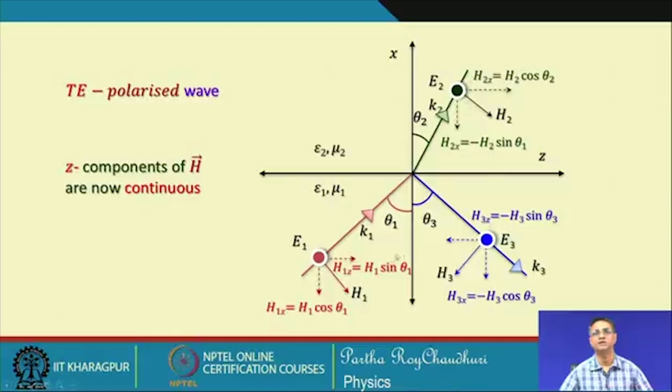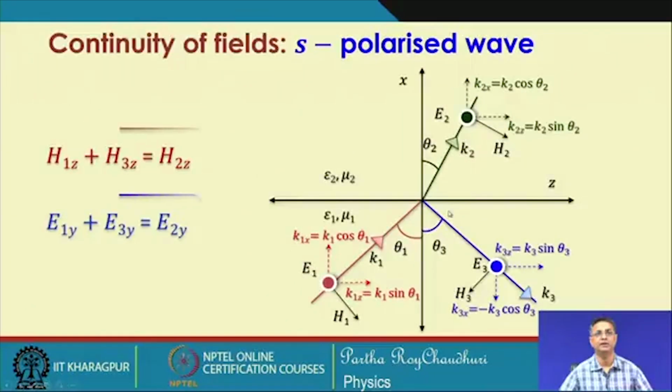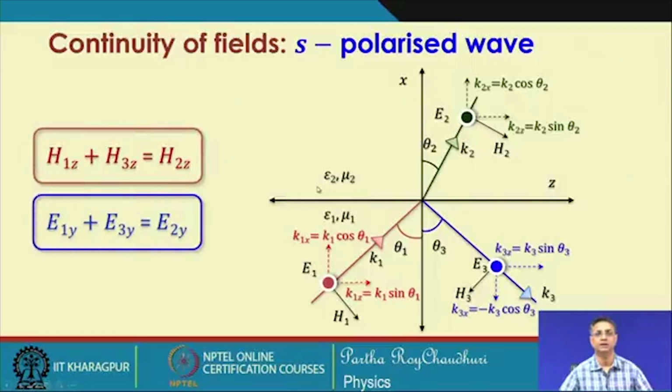So, these two put together must be equal to this. So, that is the continuity condition for the magnetic field. So, if I use both the continuity conditions, the y component is already continuous because they are along the y direction, they are along the interface plane.